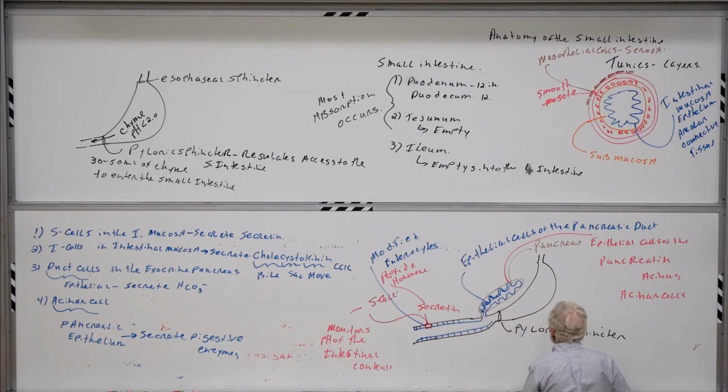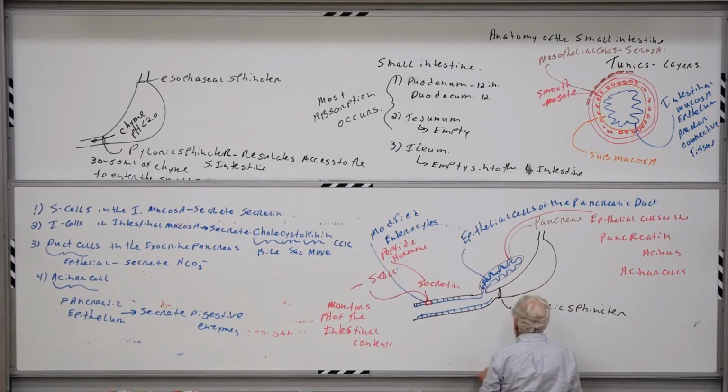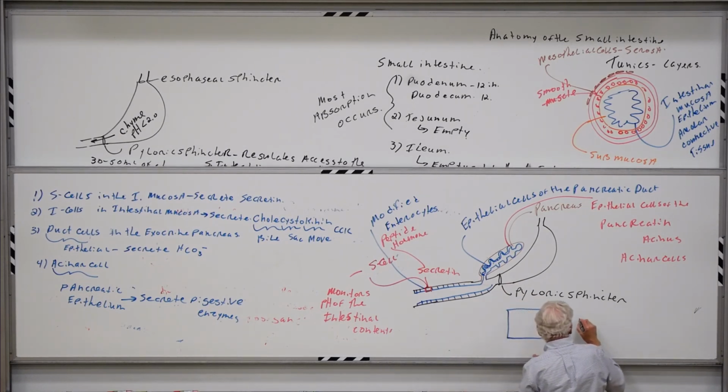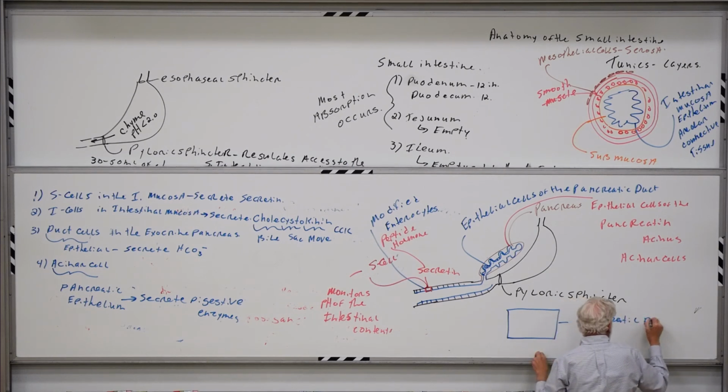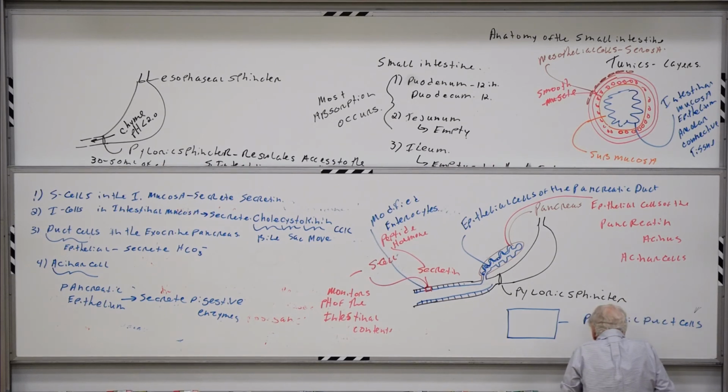The receptors for the peptide hormone, now let me blow this up a little bit. Down here, I'm going to try to blow up a cell which is going to be one of these so-called pancreatic duct cells. It's an epithelial cell.